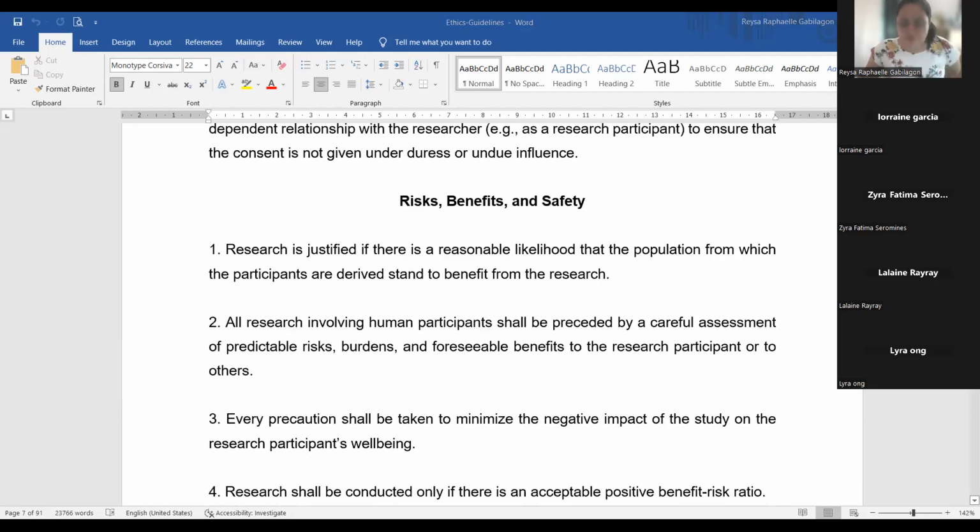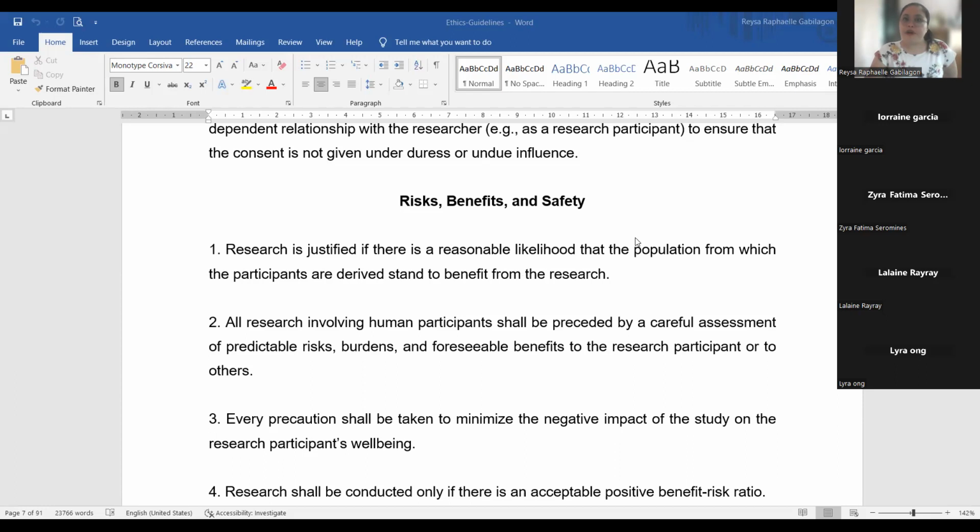And then you may also include this in your paper under the ethical considerations, risks, benefits, and safety. If, for example, there is a risk, class, a possible risk na makuha nila when they are going to join or they are going to participate in your study, you have to inform them this one also. And that is through the informed consent.